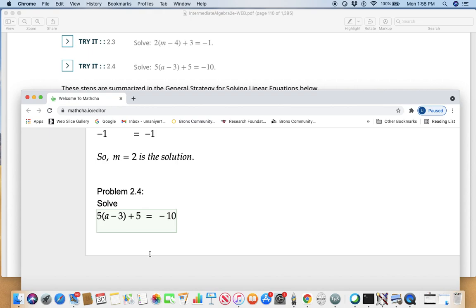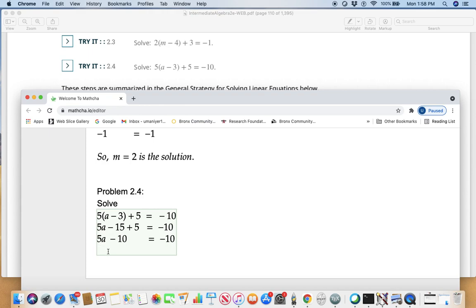All I need to do is simplify the left. So 5a minus 15 plus 5 is 5a minus 10, equals negative 10. Now I have simplified the left hand side.